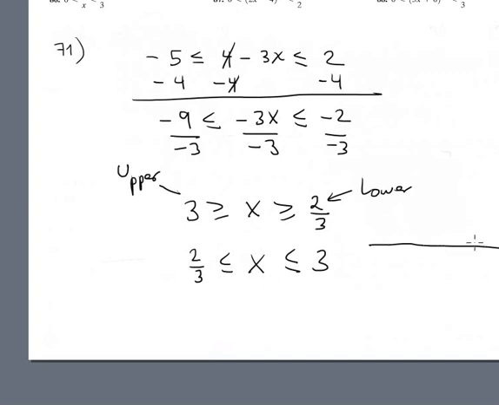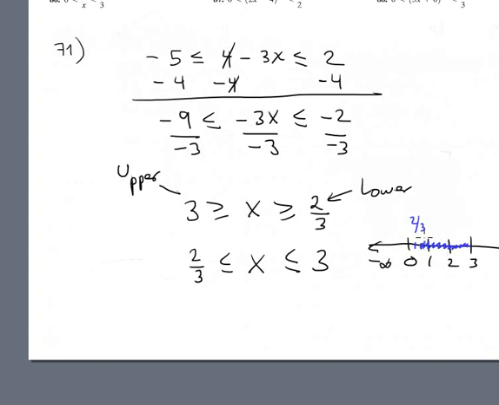Okay, the graphic representation of this solution is: infinity, negative infinity. This is 0, this is 1, this is 2, this is 3. It's a bunch of values between 2 over 3 and 3. 2 over 3 is in between 0 and 1. You divide here. This is 2 over 3, and 3.